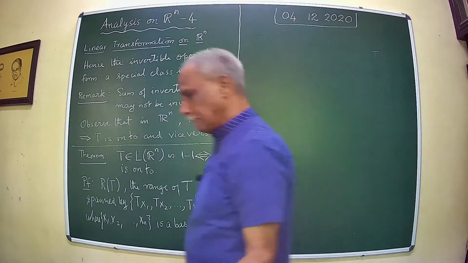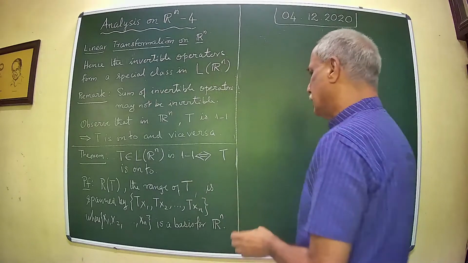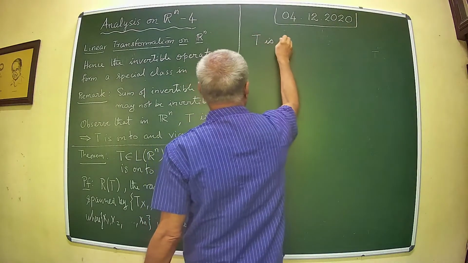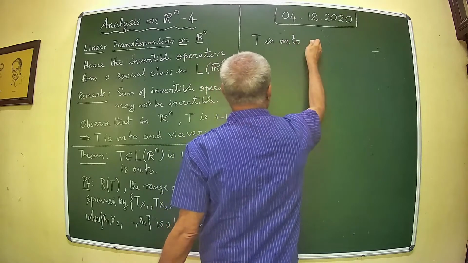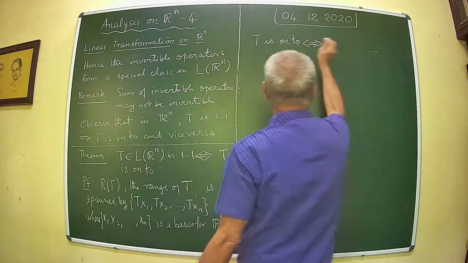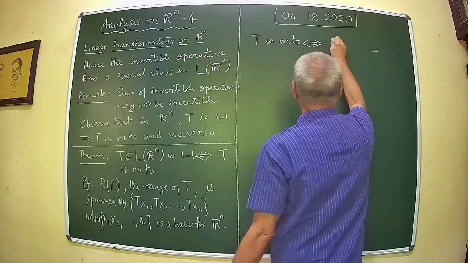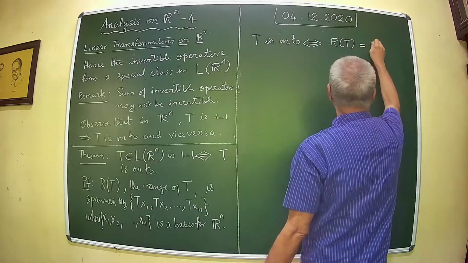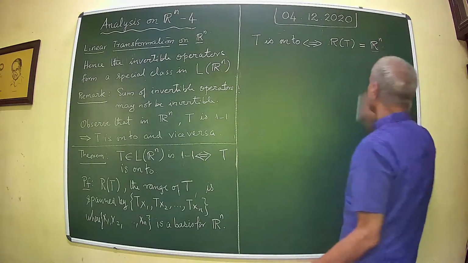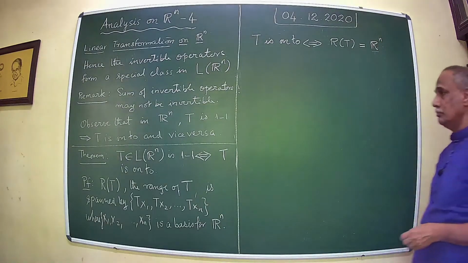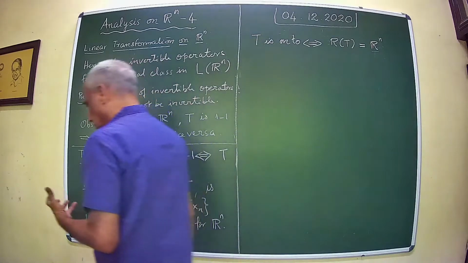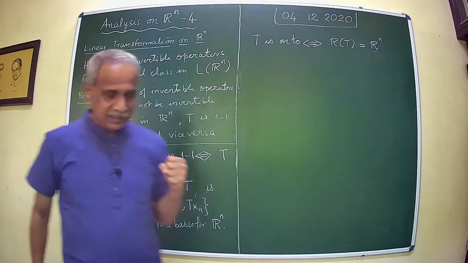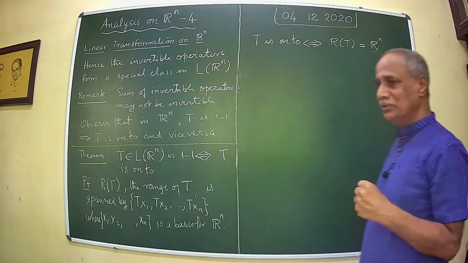Therefore, to show that T is onto, now you see that T is onto if and only if R(T) is equal to Rn. So it is enough to prove that R(T) is equal to Rn. So what do you do?